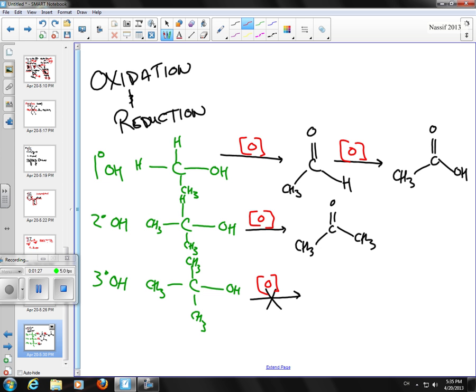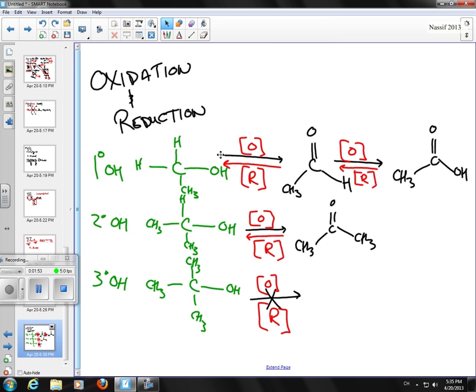Conversely, if we go from right to left, we are reducing. Now, if you cannot oxidize, you cannot reduce. So, you cannot oxidize a tertiary alcohol to anything, and you can't reduce something to a tertiary alcohol.